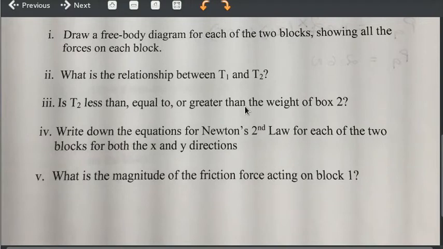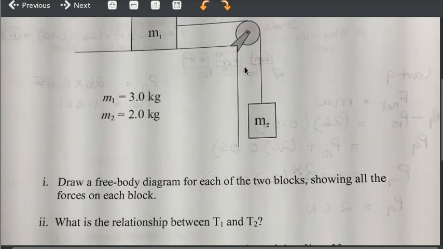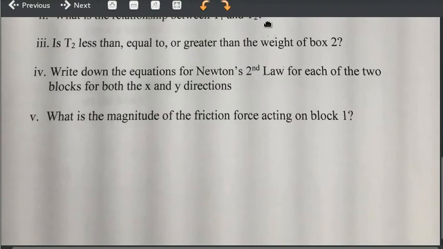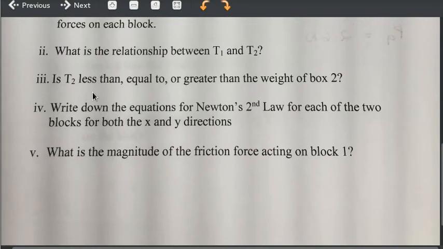Now, if the box were falling, this is very important. If the box were accelerating downward, then the tension would be less than the weight of the box, because it's letting it accelerate downward. You can imagine if someone jumps bungee jumping, there's no tension on the bungee cord until they are slowing down.